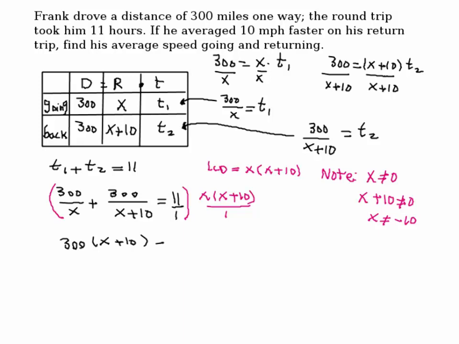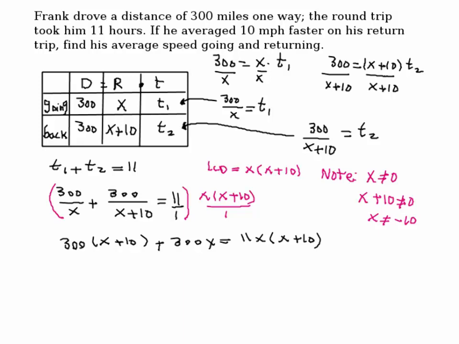Second term, x plus 10 cancels, so you get 300 times x. In the last term, I would get 11x times x plus 10.